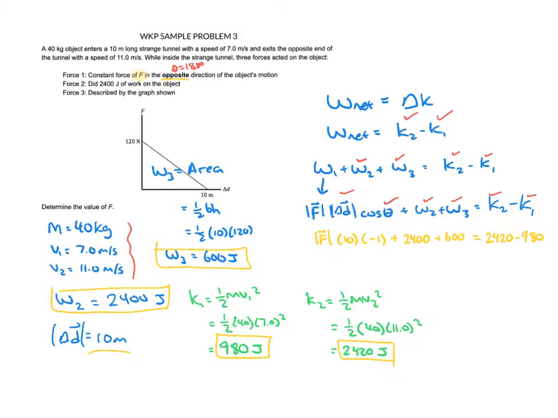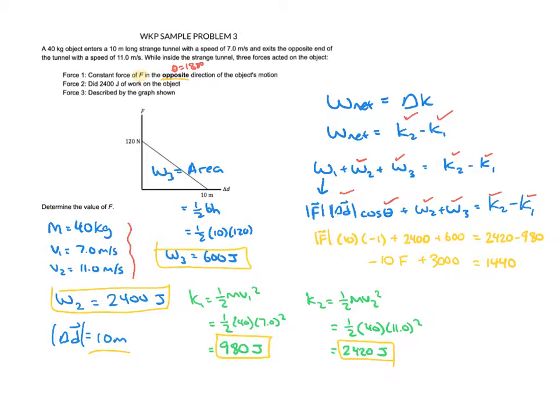So calculate out all those numbers. I'll do it in a few steps. So the first part, it's going to be -10F. And then 2,400 plus 600, that's 3,000. Then on the right side, 2,420 minus 980 is 1,440.